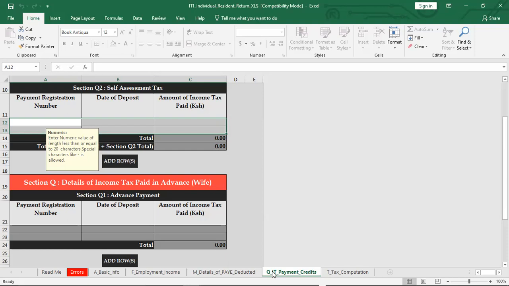So here, for this person, hakukuwa na biashara yote. So here we are not filling anything. If a person has a business and he has been paying taxes, that is estimates, you have to fill this window because you have to reduce your taxes. So sijui kama hapo tumepatana vizuri.